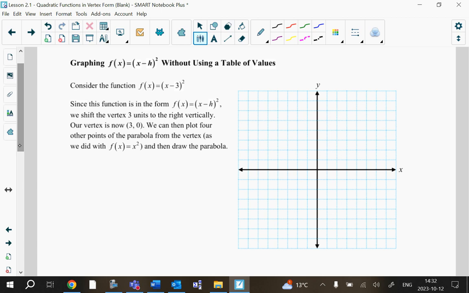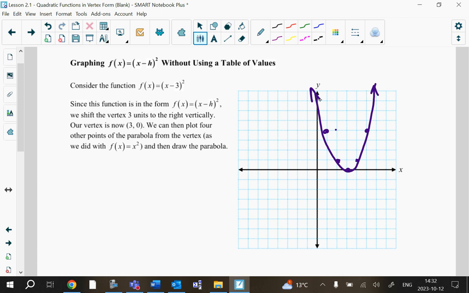You want to come up and graph it? Yep. Nice. You got it. Yeah, well done.